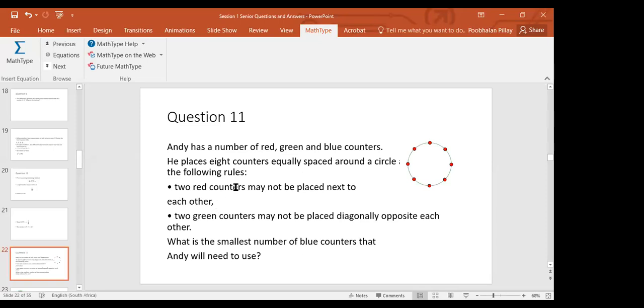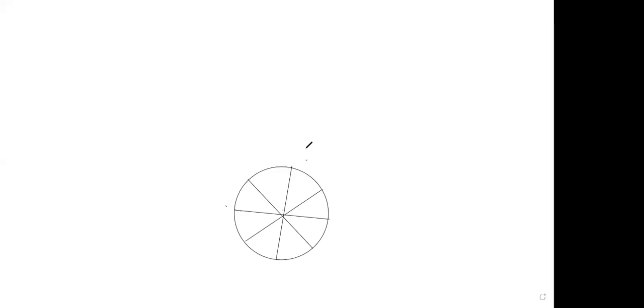And I'm going to go back to my whiteboard and share it with you. So let's just place a red counter here somewhere. Suppose I place a red counter here. Let's go back to the question.